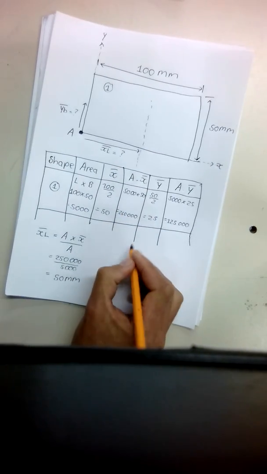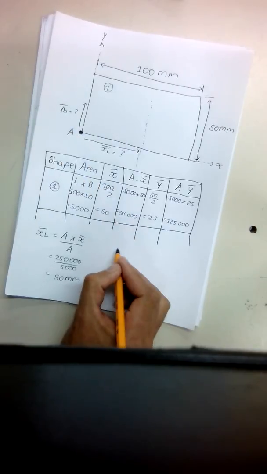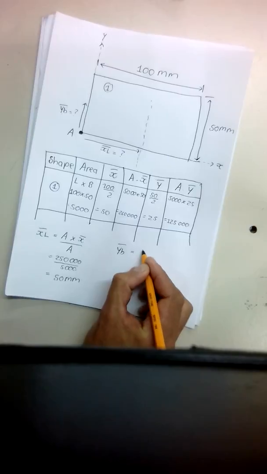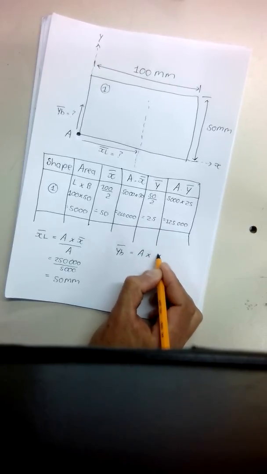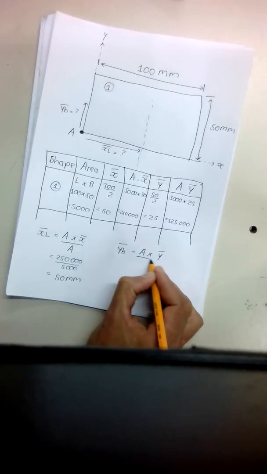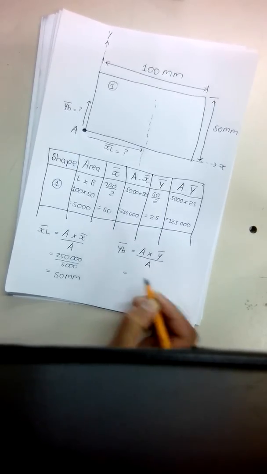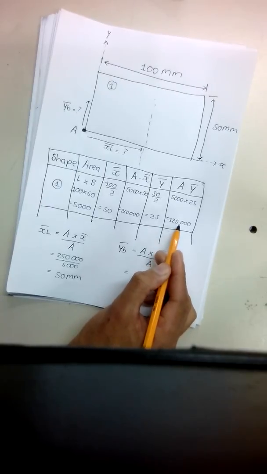Now we need to find y bottom. y bottom is equal to the area times the distance to the center of the object in the y direction divided by the area. And this here has also been calculated already here in the column.